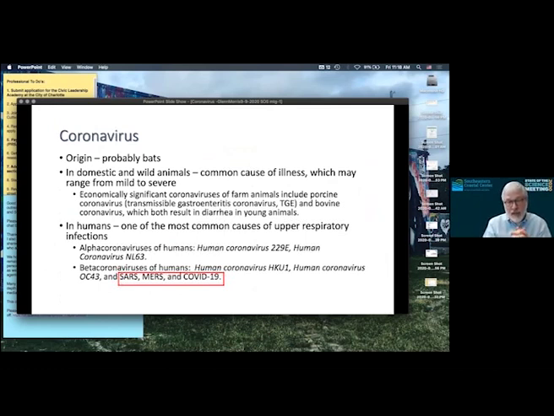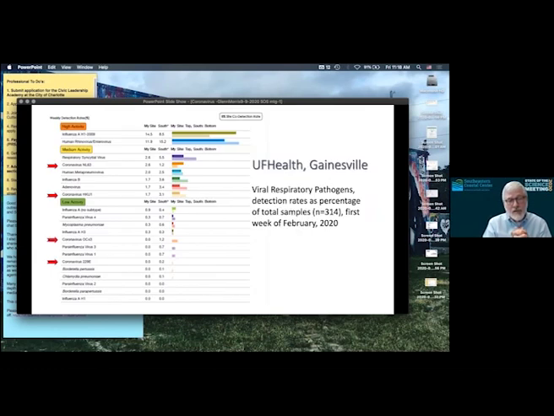So next slide. This is actually data from here at UF Health in Gainesville. And this is a listing of viral respiratory pathogens that were identified during the first week of February of this year. I simply had them pull this list from the clinical micro lab. The main reason is to point out that you see all four of what are called human coronaviruses listed on this list.